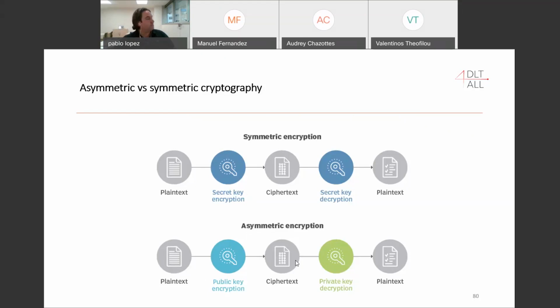For example, if we are in a group of friends and we want to share something between us, we all have our private key, and if someone sends us this public key, with this private key we can decrypt the message and convert it to plain text.